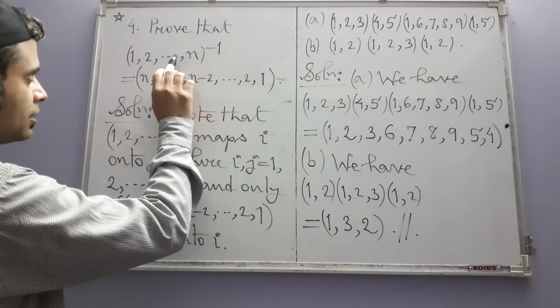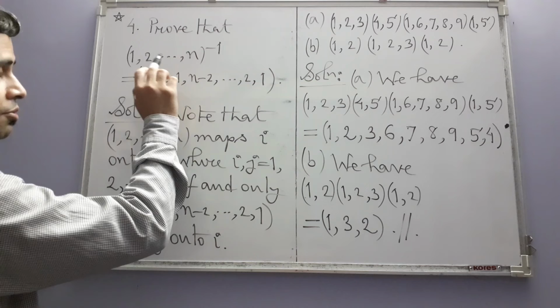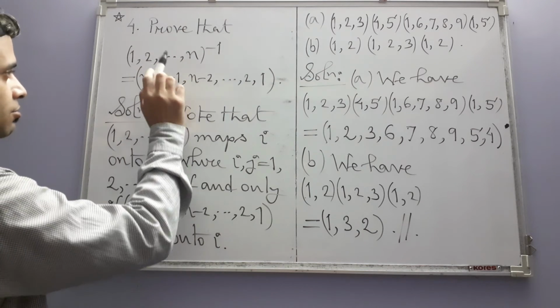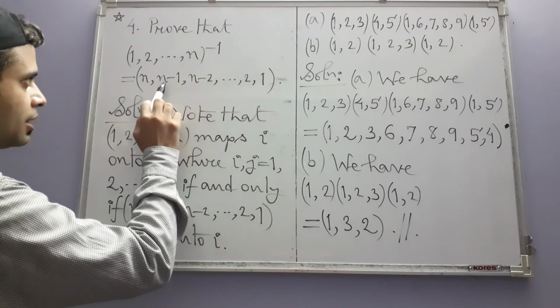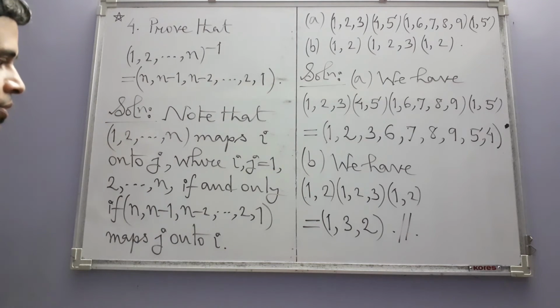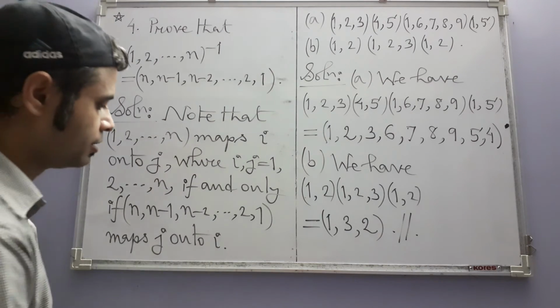This one, however, if you imagine the elements, the two elements before n minus 2 and n minus 1, this one maps n minus 2 to n minus 1. This one maps n minus 1 to n minus 2. So that is why they are inverses of each other.